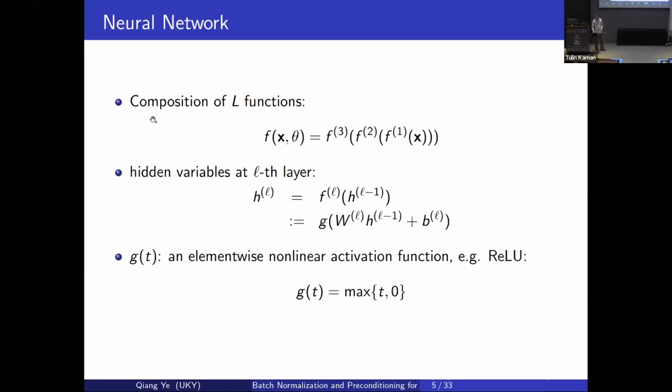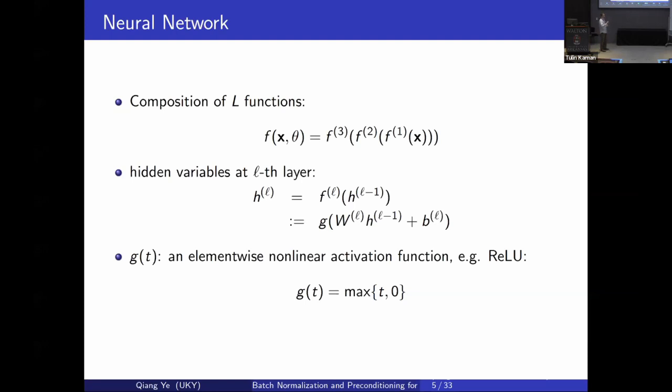So layer L is just WL times HL minus 1 plus BL. WL is a matrix, BL is a vector. So that's a simple linear function, and then it is composed with a nonlinear function G. This G is applied on the vector element-wise. So that gives us a nonlinear function f of L, which defines HL in terms of HL minus 1.